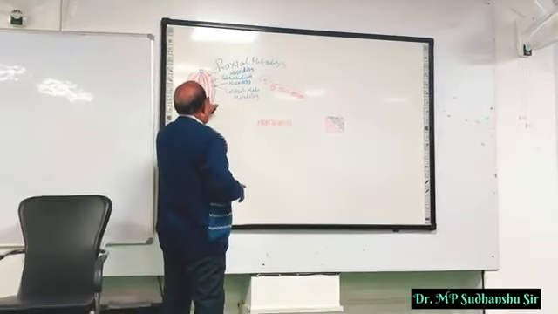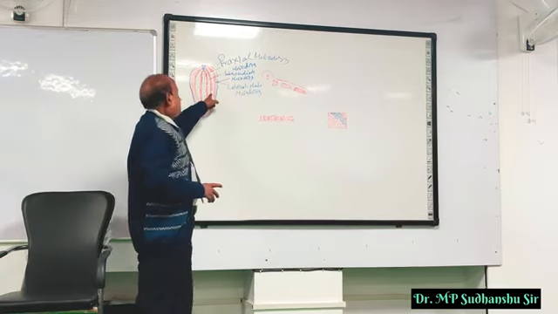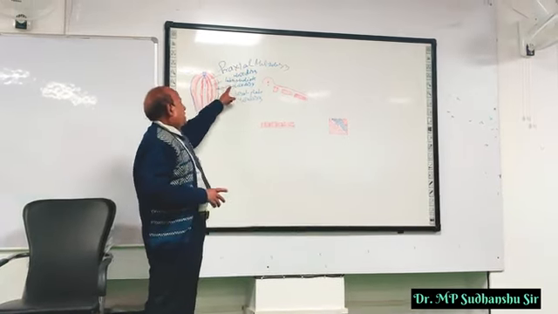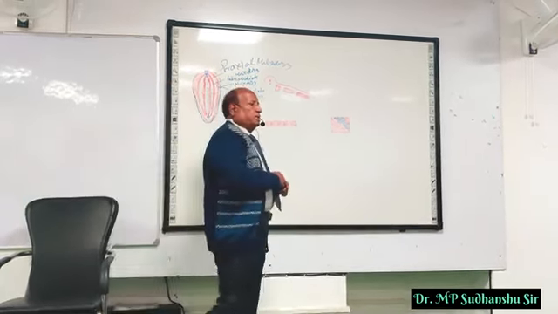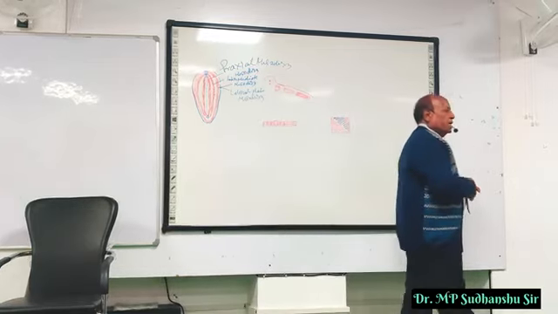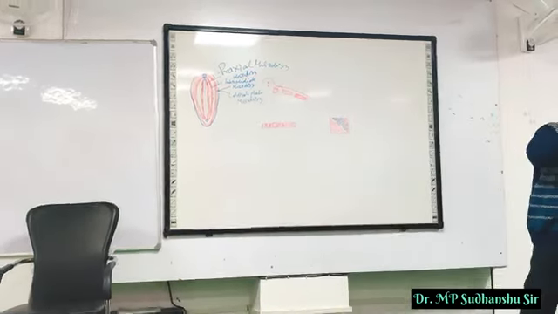Then the second layer, the middle one, is the intermediate mesoderm. It will give rise to the urogenital system.